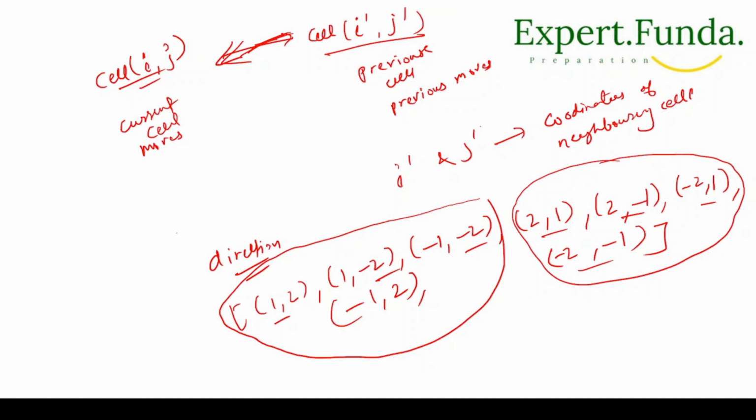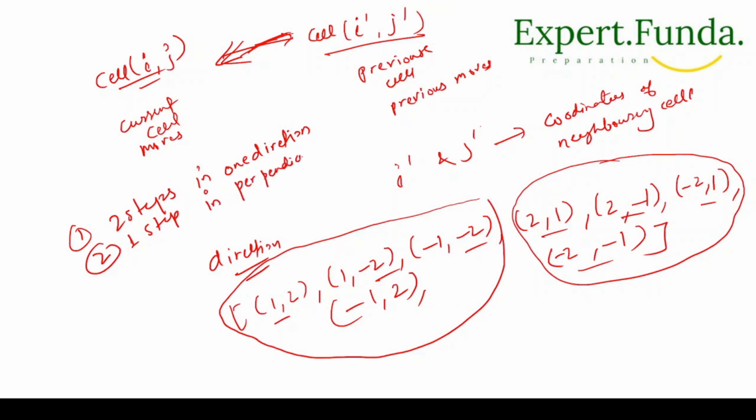So I'm saying 2 steps in one direction, and 1 step in a perpendicular direction. First we will take 2 steps in one direction, and then 1 step in the perpendicular direction.